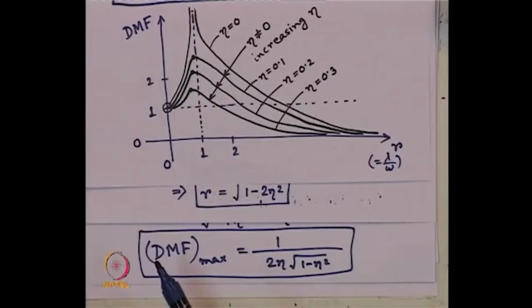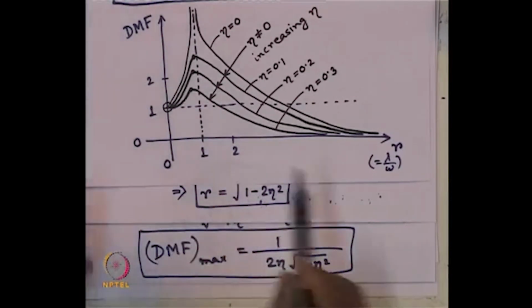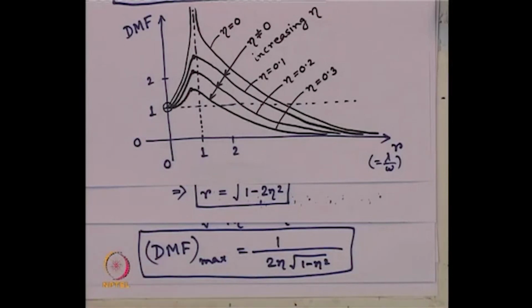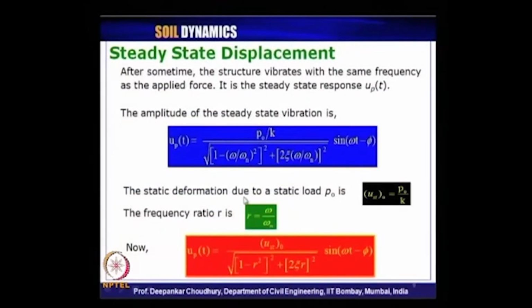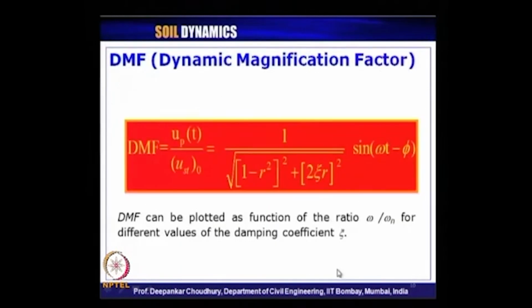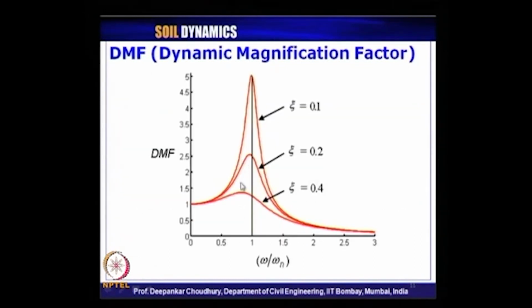So, this is the discussion on dynamic magnification factor. Let us look at the slide now. Here again the frequency ratio is defined as the externally applied frequency to the natural frequency of the system, and DMF is given by this expression, and the plot is like this.